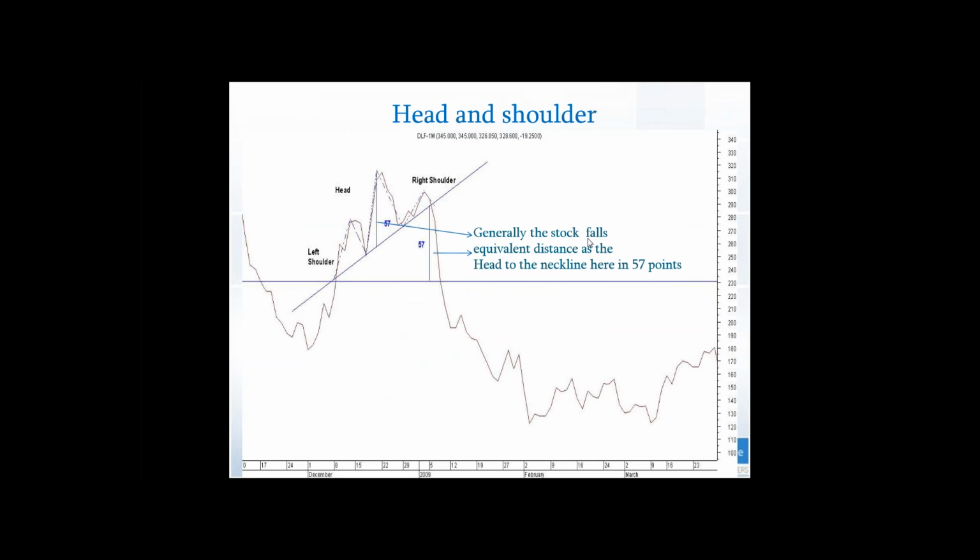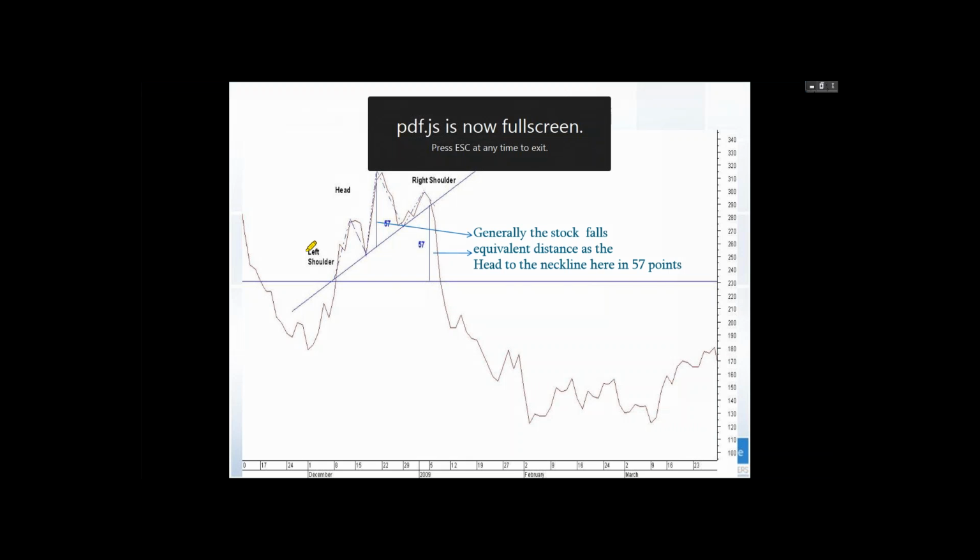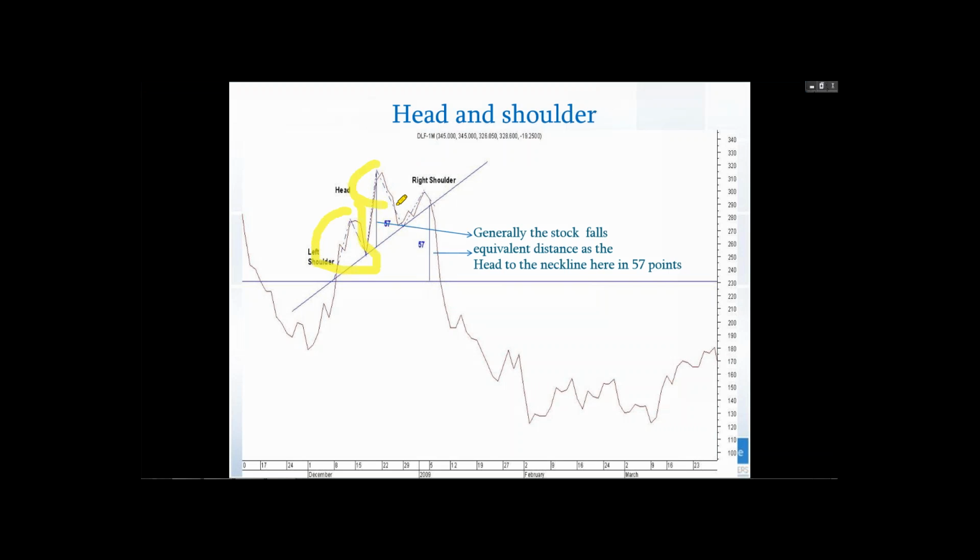So this is how the head and shoulder pattern looks in a practical scenario. What we have done is we have drawn a head and shoulder formation on the DLF stock. This is the left shoulder, this is the head, and this is the right shoulder. The stock gave a break just out here. This is where the stock has given a breakdown.